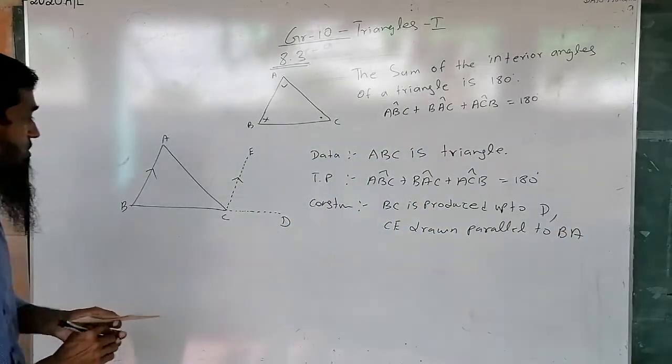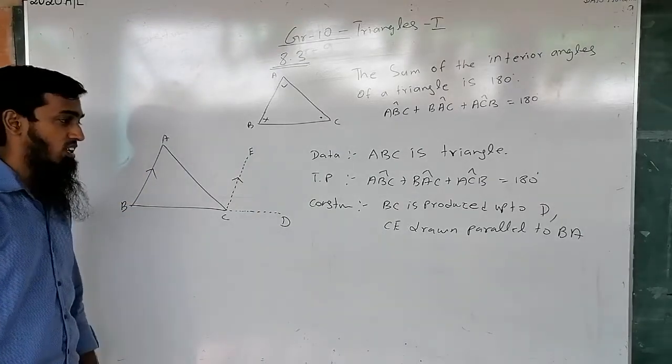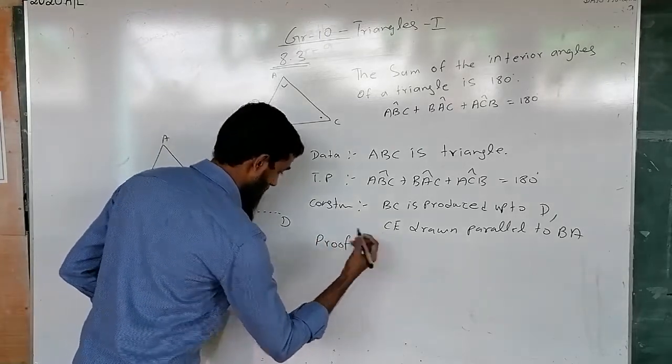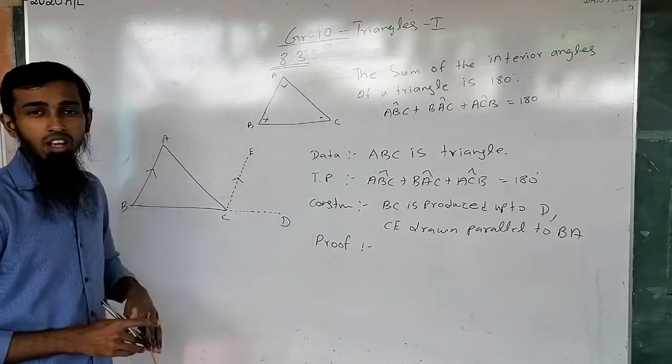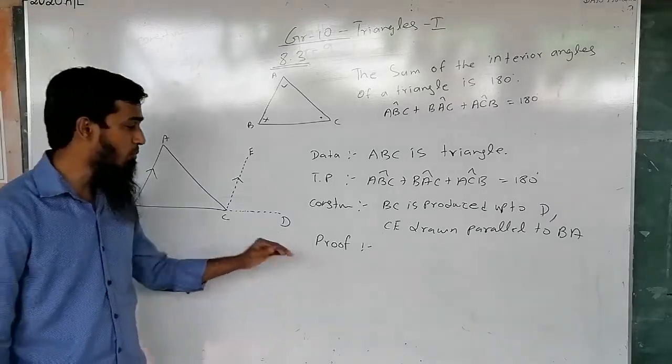So line CE is drawn parallel to BA and BC is produced up to D. Okay, I will come to the proof. A small request: pause this video and do the proof.